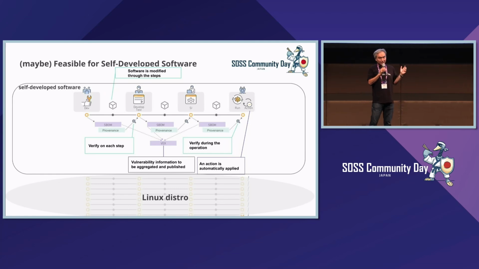The software is made by you, all components are made by you, and used by you. In that case, it's feasible because I can output the metadata, I can apply the process, and I can run that. I can verify everything because it's only one line, only one software.